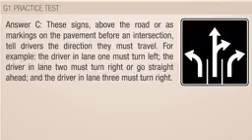Answer C. These signs, above the road or as markings on the pavement before an intersection, tell drivers the direction they must travel. For example, the driver in lane 1 must turn left. The driver in lane 2 must turn right or go straight ahead. And the driver in lane 3 must turn right.